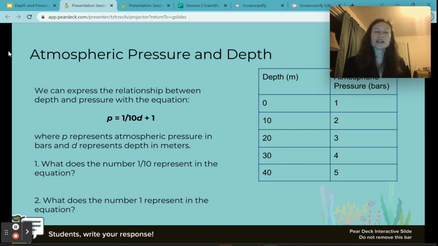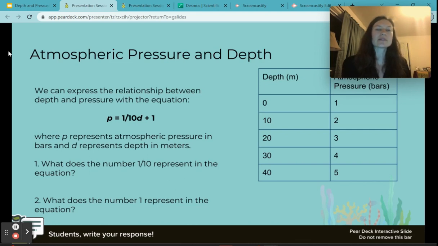Okay, great. I see you guys thought this one through. When you think back to when we did linear equations, we talked about slope and y-intercept quite a lot. Some of you recognized that the 1/10 is the slope. It's the rate of change. And what is that saying? Well, it says that for every 10 meters that we dive, the atmospheric pressure increases by 1.